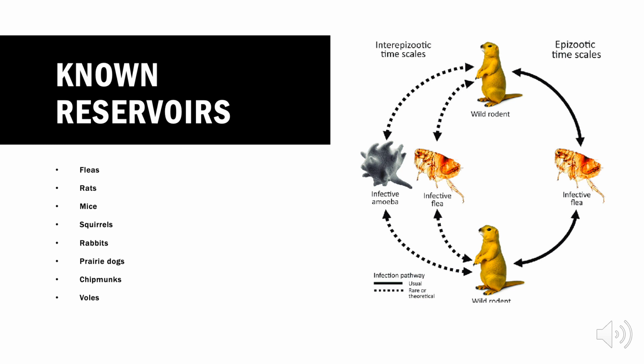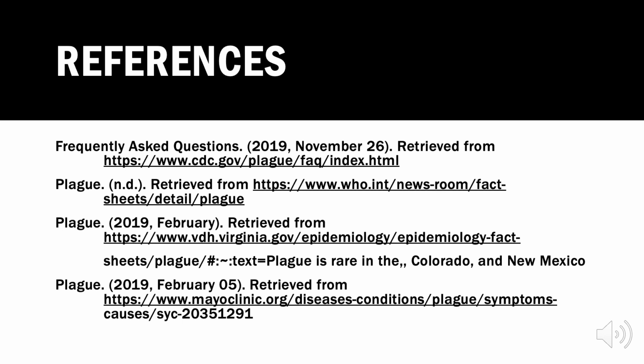So basically anything outside. This is really becoming rare nowadays, just because of our technology and our sanitation. So that is the end of my PowerPoint. Here are my references, and thanks for listening.